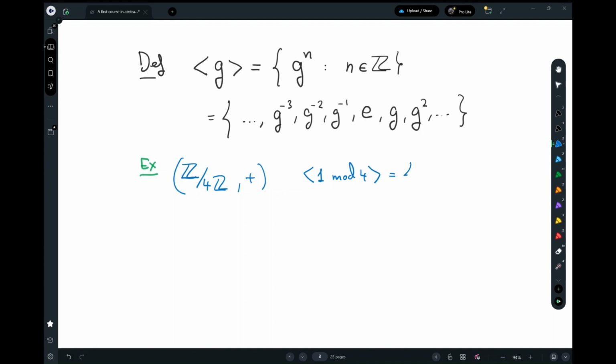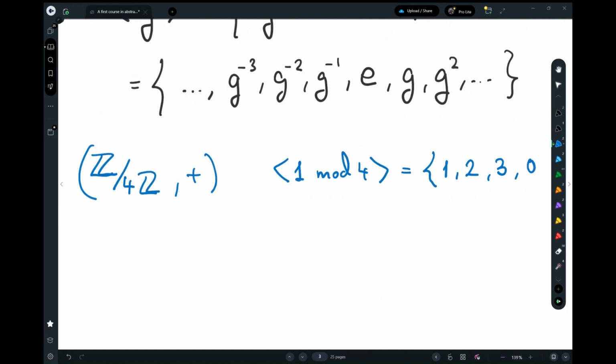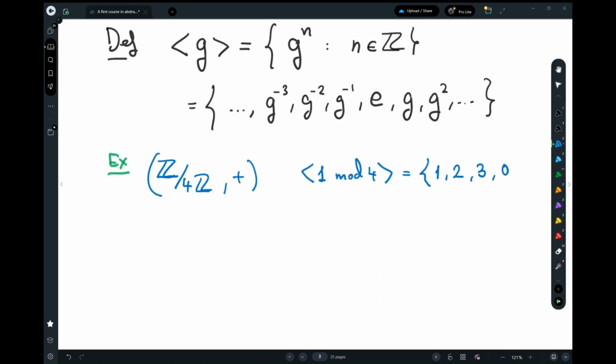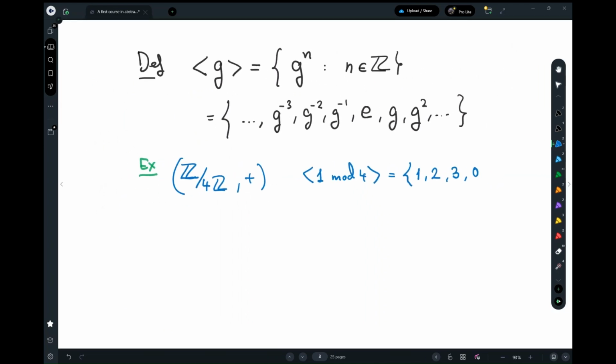Well, it will be the powers of 1, which is in this case 1, and then 1 plus 1, which is 2, and 1 plus 1 plus 1, which is 3, and 1 plus 1 plus 1 plus 1, which is 0, and then plus 1 would be 1 again. Okay. All right. So this is the entire Z modulo 4.